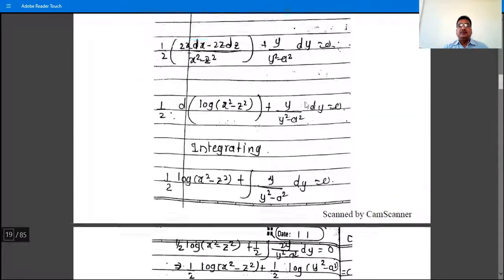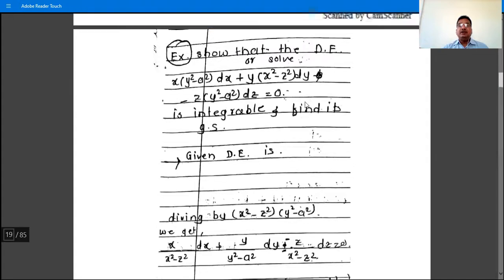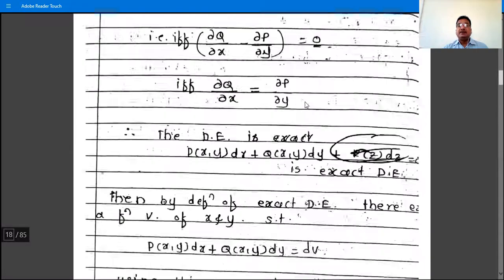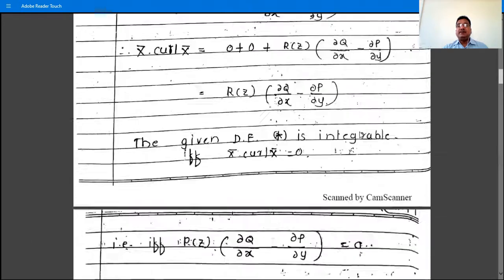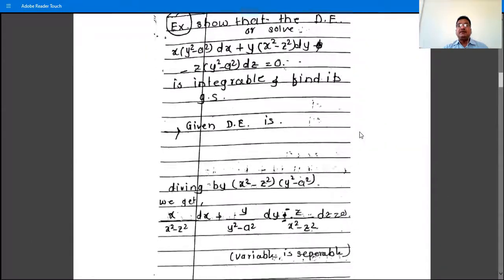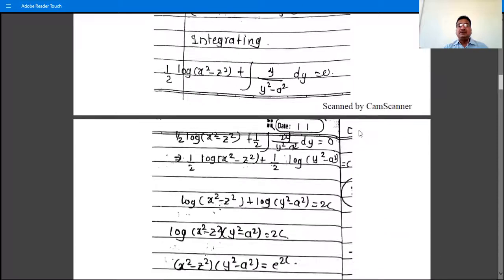The first is where all three variables are separable, and the second is where one variable is separable. This is the one variable separable type. So observe these examples.